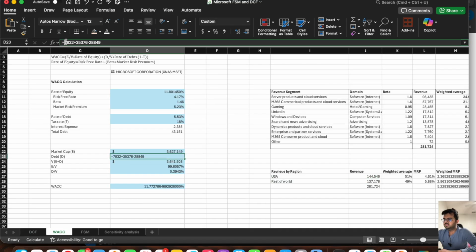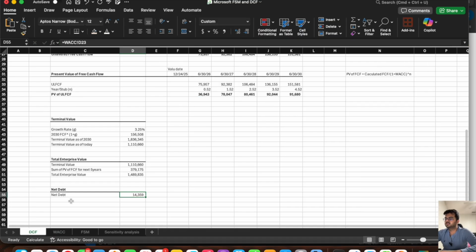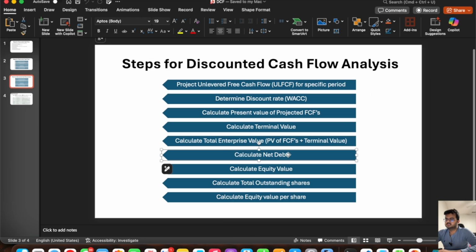Here you could see the 7832 is the short-term debt or the current portion of long-term debt. The $35 billion is long-term debt, and the $28 billion is the cash which they have. That's why I'm calling this net debt rather than total debt.